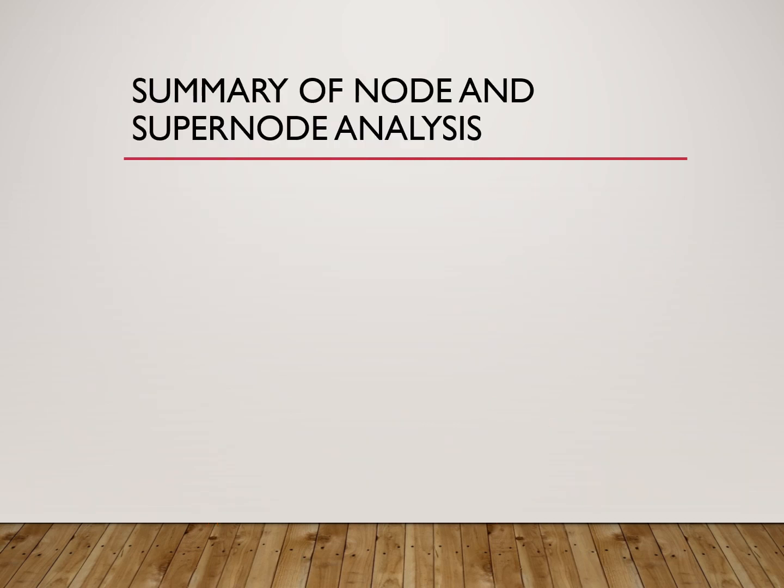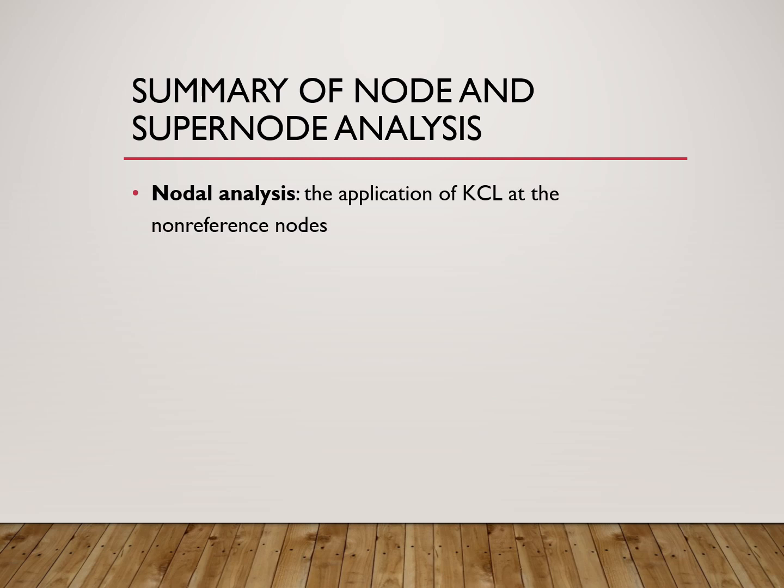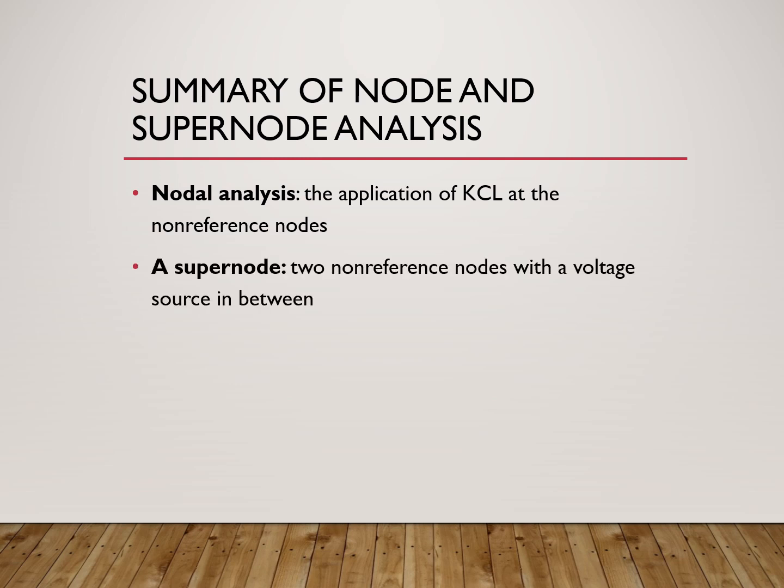So the summary of node and supernode analysis is that nodal analysis is basically application of KCL at non-reference nodes. Non-reference nodes are at non-zero potential, and between two non-reference nodes with a voltage source in between, we have a supernode, right? And the supernode is basically something like this.